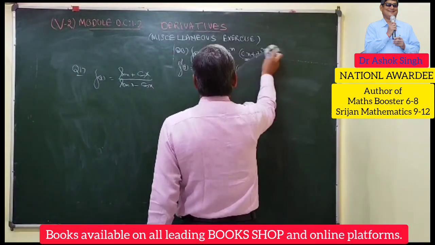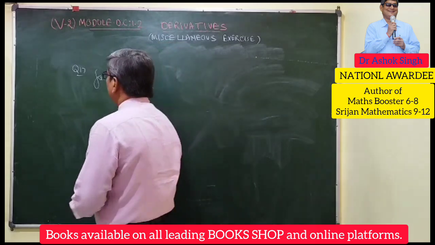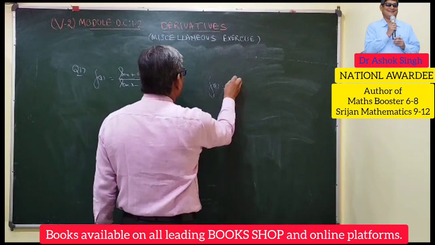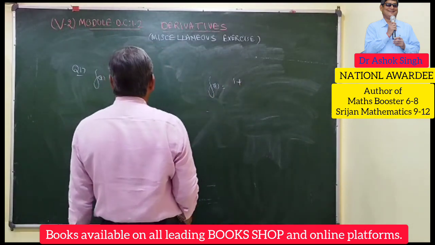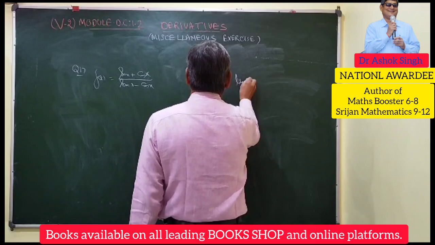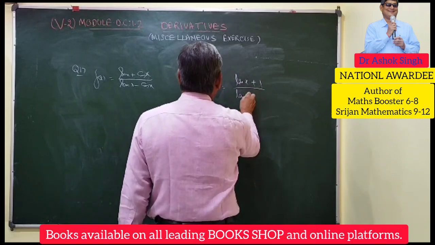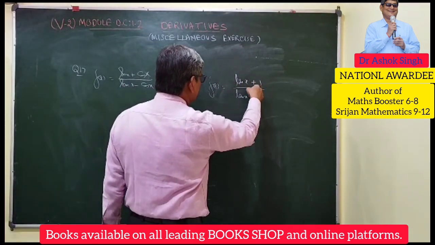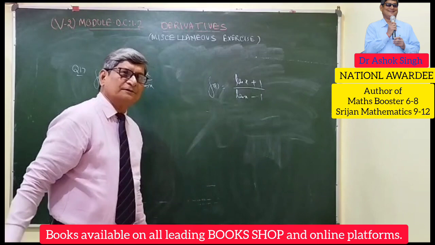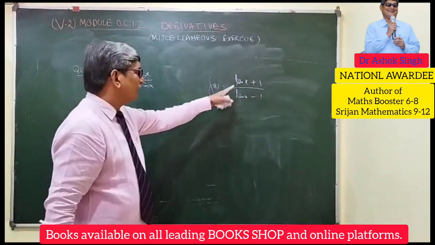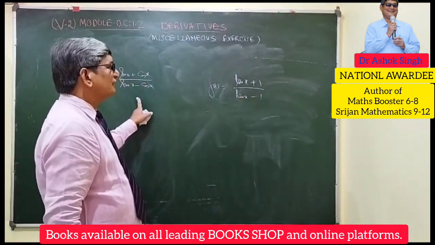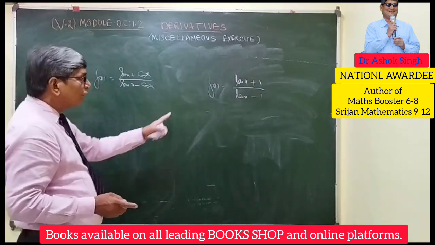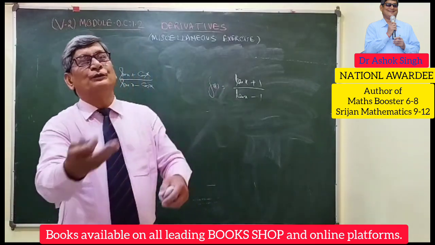There is a very interesting thing I would like to add here, कि अगर आपके पास ये नहीं दिया हुआ है, अगर आपके पास ये दिया हुआ है f(x) is equal to, let's suppose that you are having (tan x plus 1) by (tan x minus 1), चलेगा क्यों? sin x by cos x, sin x plus cos x by cos x, sin x minus cos x by, यही फॉर्मूला हो जाएगा. कहने का मतलब ये हुआ कि अगर ये भी दिया हुआ है तो आप इस फॉर्मेट में लिख सकते हैं, या अगर ये दिया है तो उस पर, जो आपको सुविधा लगे. मतलब हम ये कहना चाहते हैं कि वो अलग क्वेश्चन नहीं है, क्वेश्चन वही है, उसका स्वरूप बदल गया है.